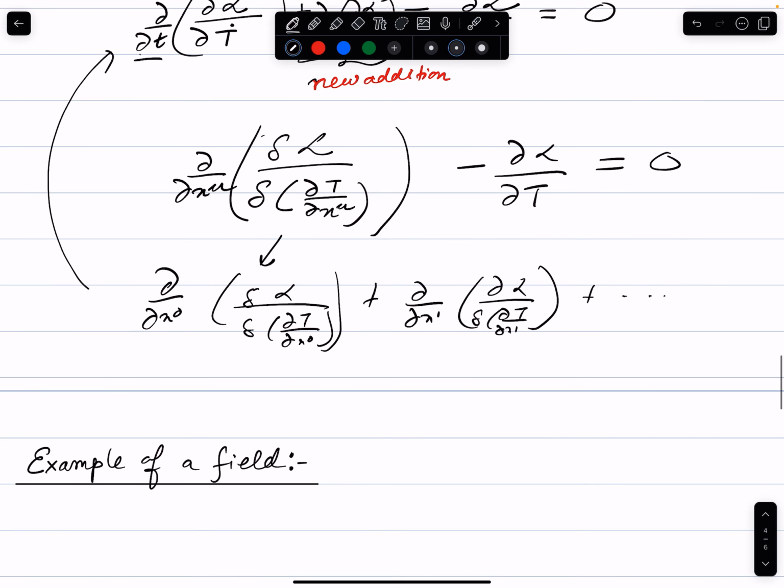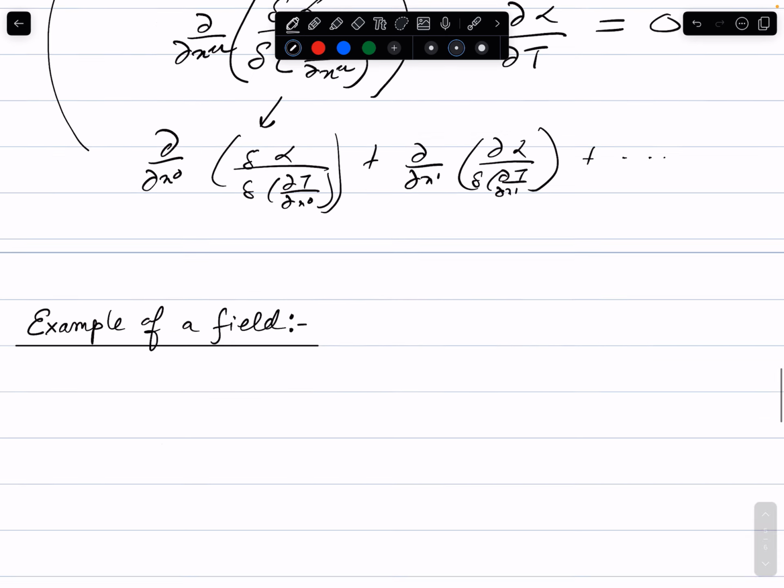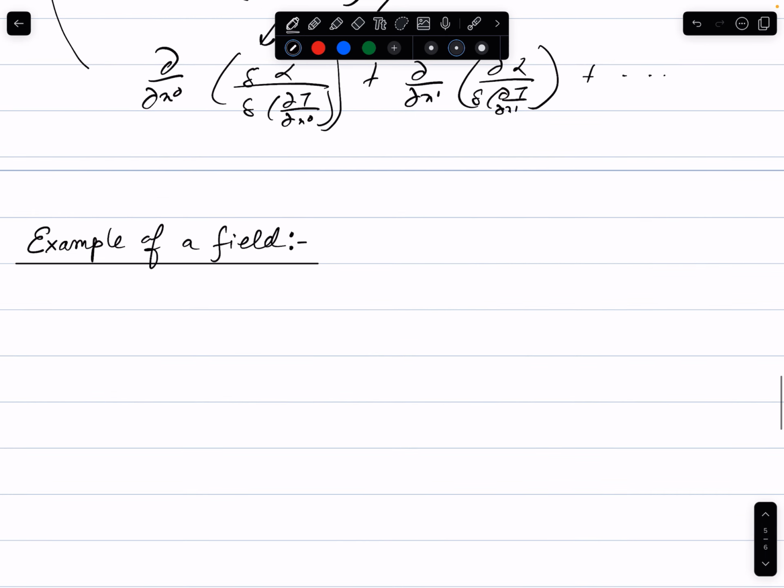Okay, so let us use this newfound knowledge on the Lagrangian that we wrote down for the string. The Lagrangian density for the string was quite simple, y dot square minus y prime square.